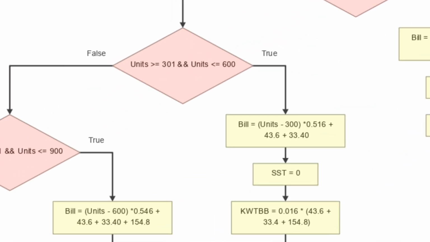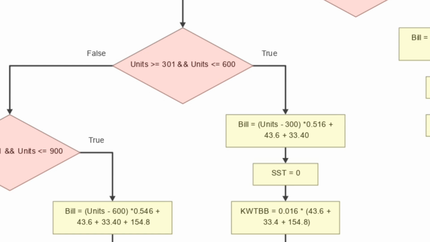Third tariff block. The electricity usage exceeding 300 units will be tariffed in the third stage, but limited to 300 units only. The tariff rate in this block is RM 0.516 per unit. If the electricity usage is fully used in this stage, the total rate is RM 154.80. The total bill if the usage is 600 units is RM 231.80, which concludes the units more than or equal to 300 and less than or equal to 600.